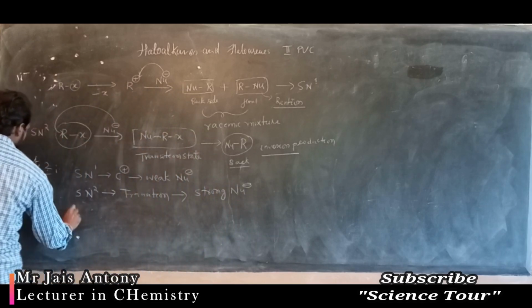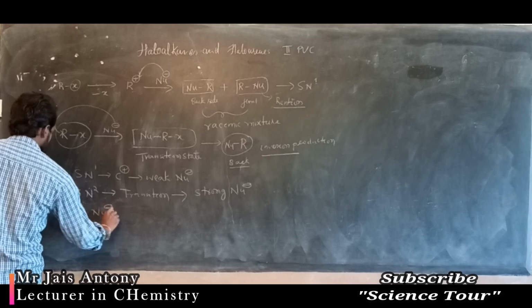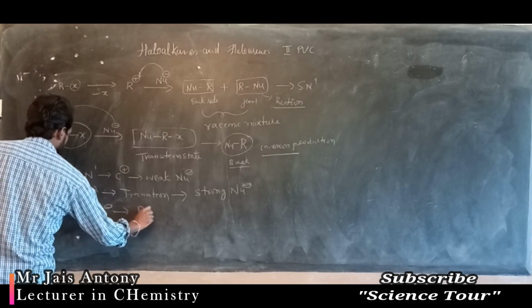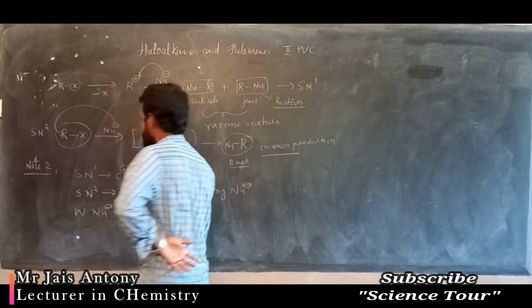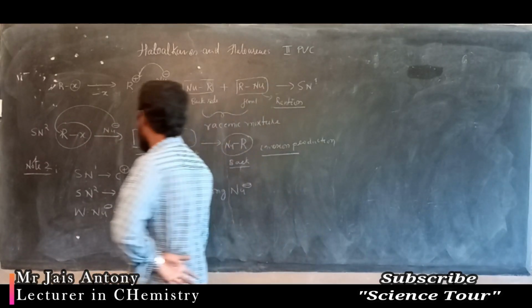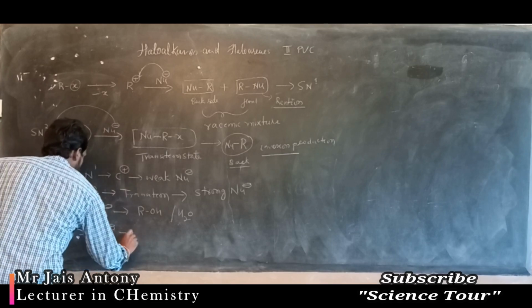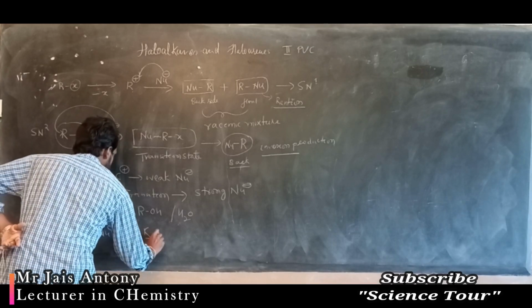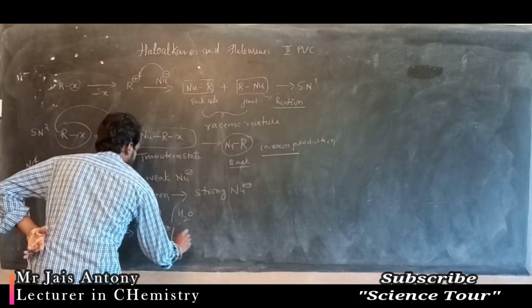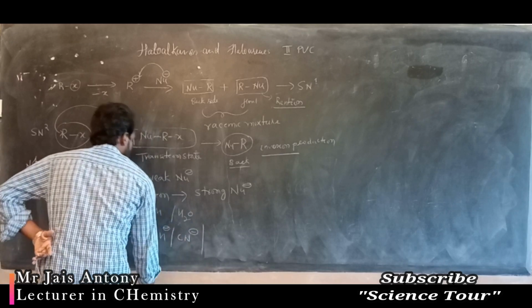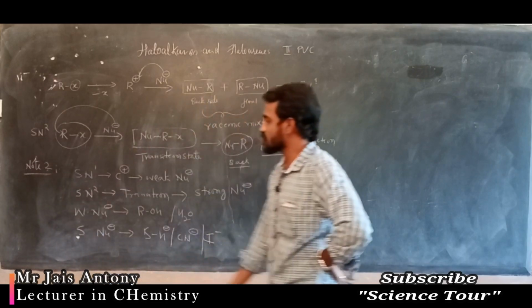For example, weak nucleophiles are ROH, water, etc. Strong nucleophile examples are SH minus, cyanide minus, and iodide minus.